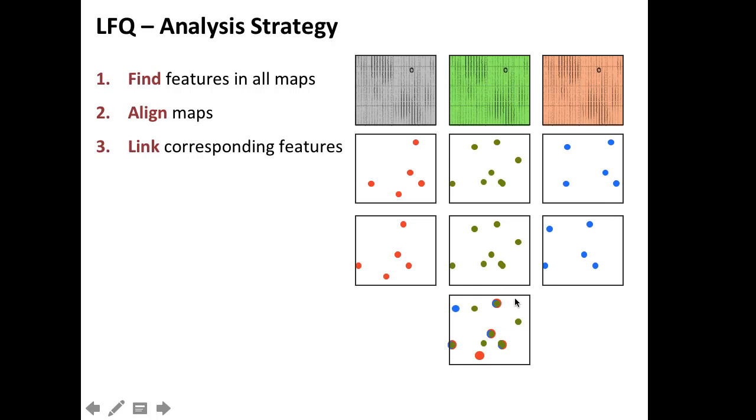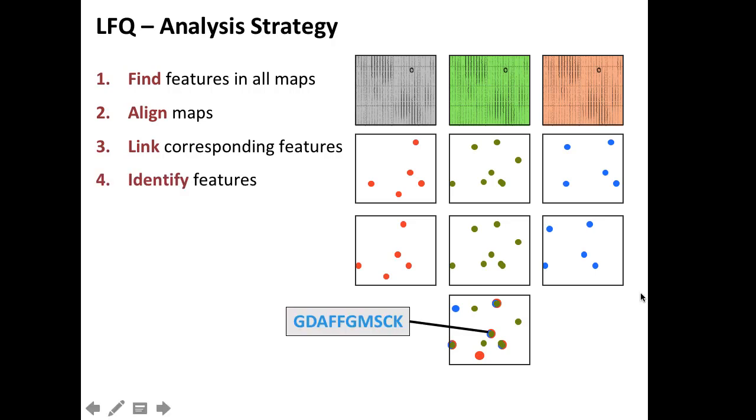Because then we can link them across these maps. Now we have these maps sort of basically stacked on top of each other, and we can say, well, what is this guy? That is what we did yesterday. We figure out what the protein or peptide is, and we figure out that the relative concentration in these maps are something like 1 to 1 to 1/2.